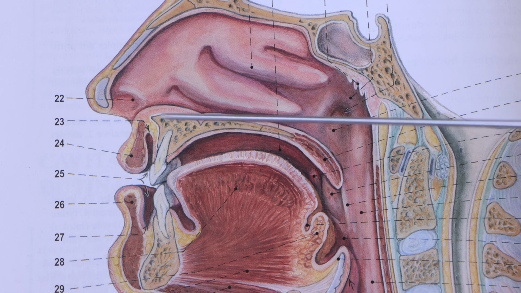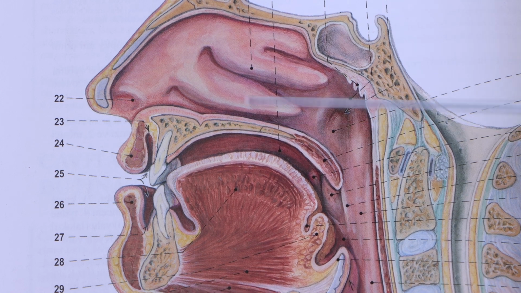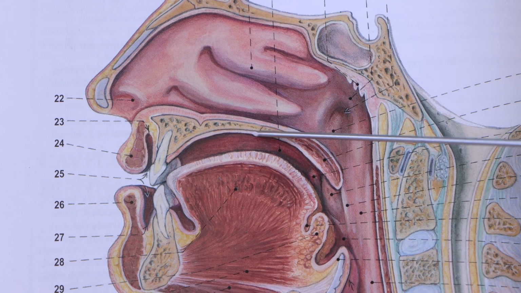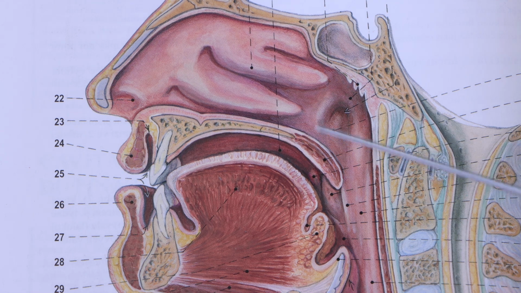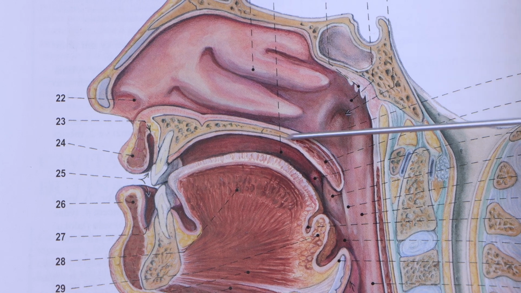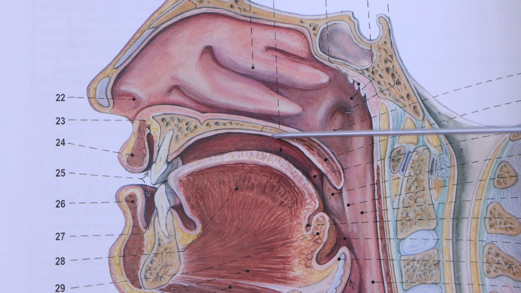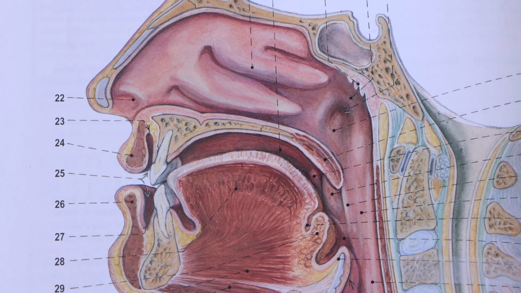From anterior to posterior, it is the premaxilla or incisive bone, then the palatine process of the maxilla, which together make the anterior two-thirds of the hard palate, and then behind that the posterior one-third is made by the horizontal plate of the palatine bone. So those are the bony structures that make the hard palate.